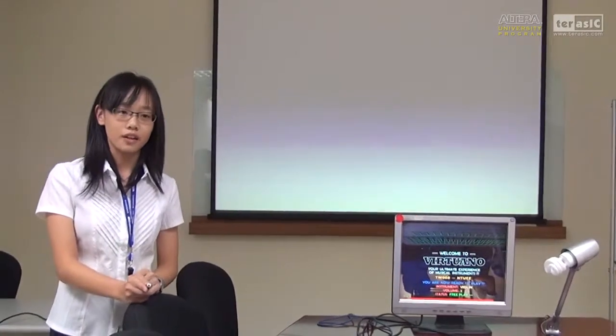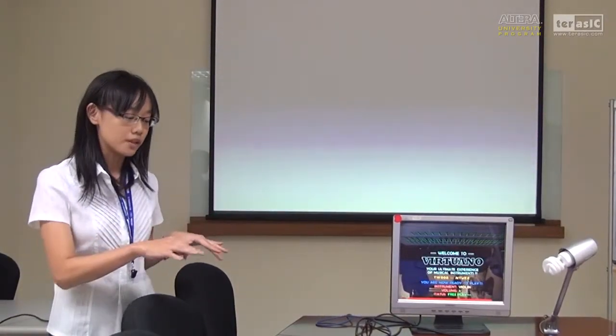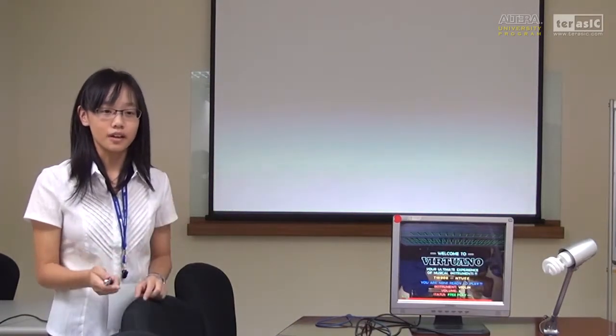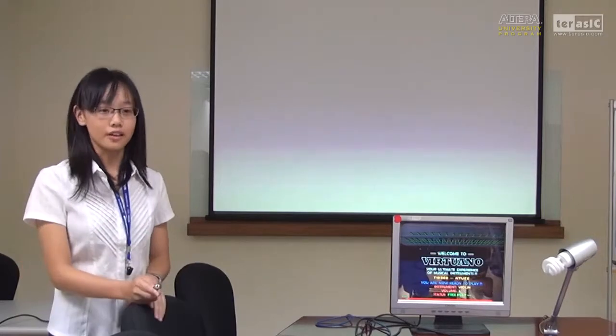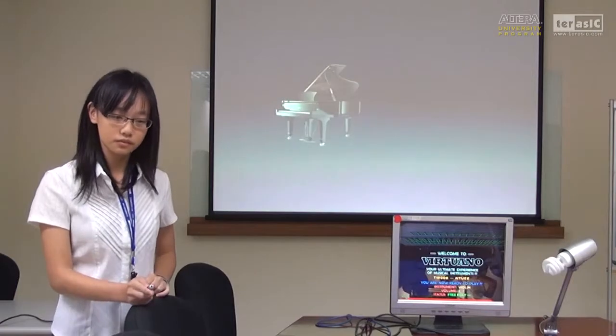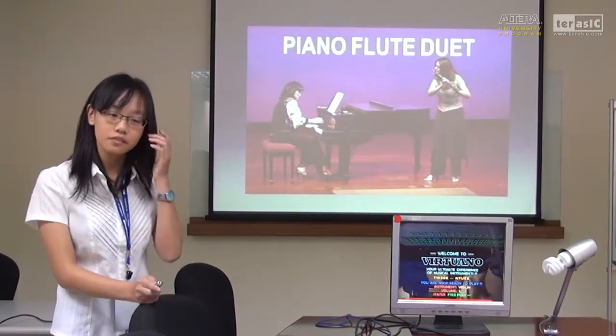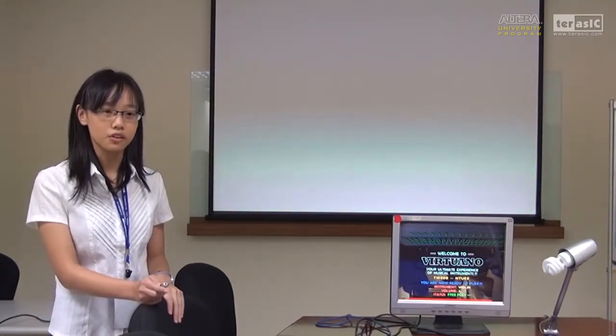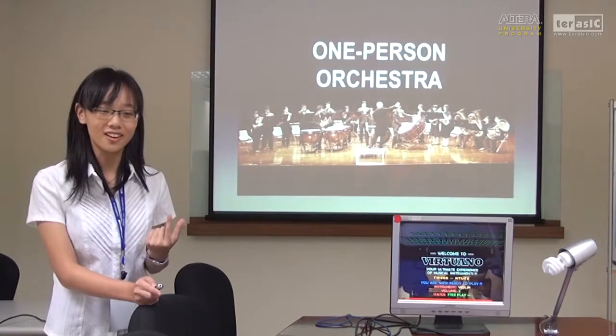If you want to practice a musical duet or trio, and your partner is not here, you can repeatedly record and form it. For example, you can play a piano as an accompaniment, and record a flute next, and then you can form a piano-flute duet. With more times later, maybe you can form a one-person orchestra.